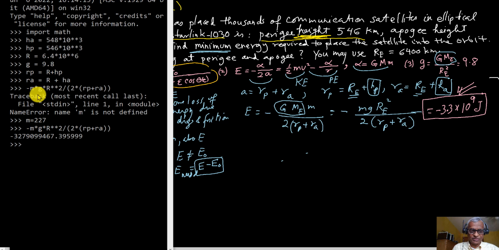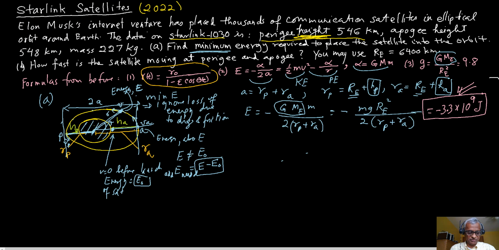I forgot M, so I got an error here, but I put the M in, and it all gives me the number. It gave me 3.279, and I read off the digits from here. Hopefully that does not have too many mistakes, but you never know when you're doing numerical calculations. There's always a chance of an error.